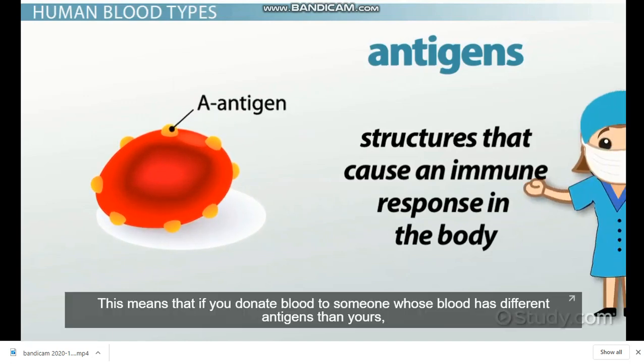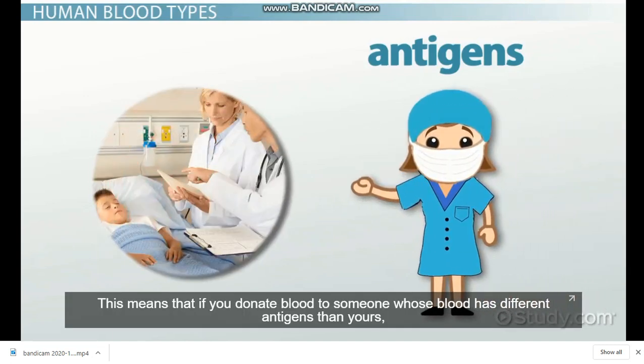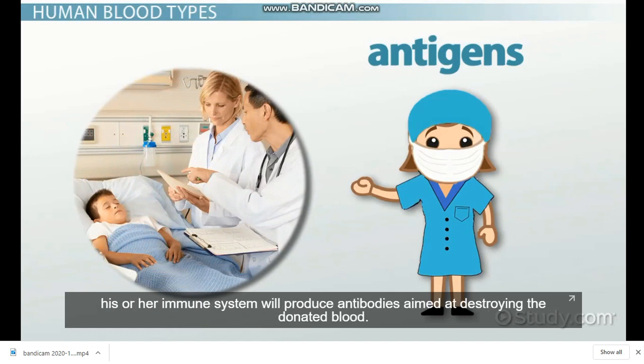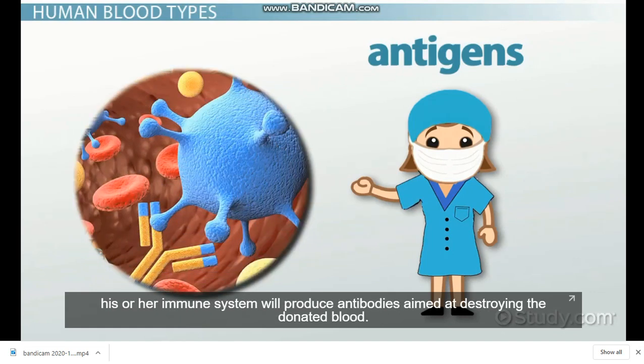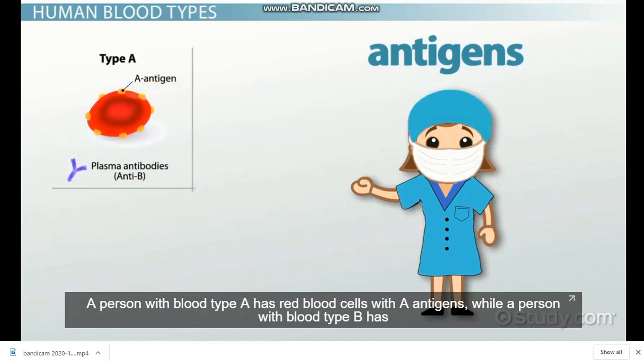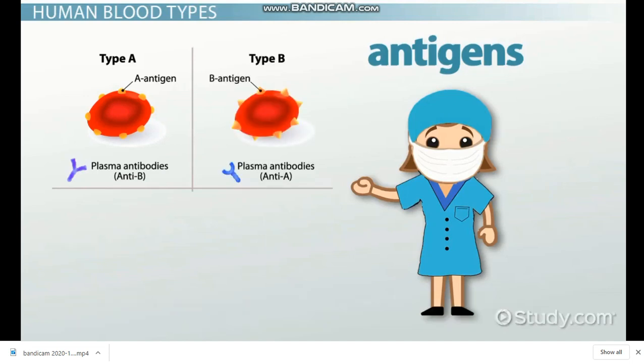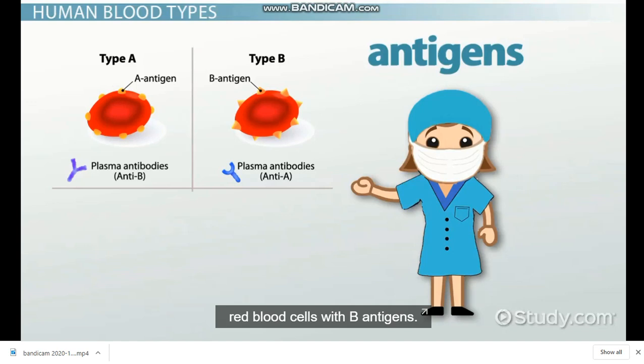This means that if you donate blood to someone whose blood has different antigens than yours, his or her immune system will produce antibodies aimed at destroying the donated blood. A person with blood type A has red blood cells with A antigens, while a person with blood type B has red blood cells with B antigens.